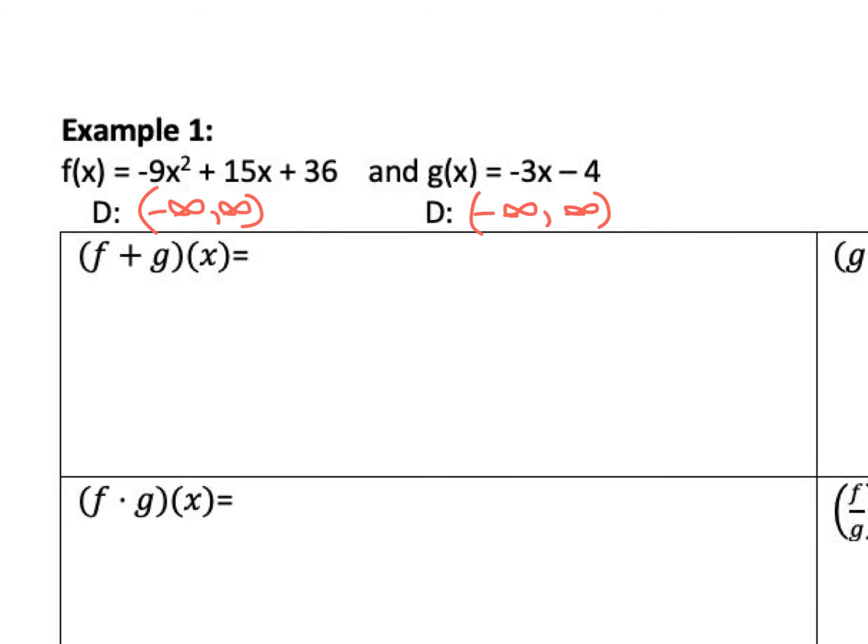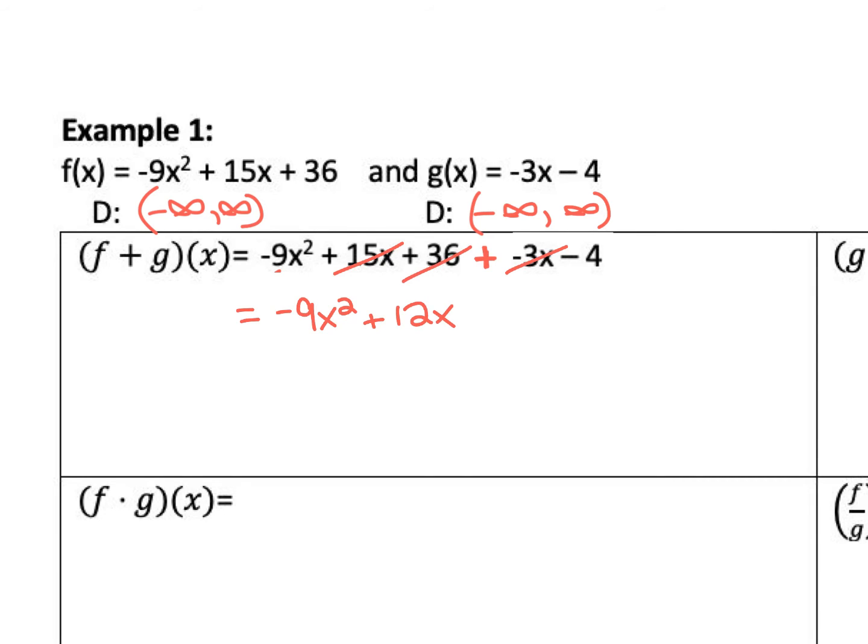So let's begin by adding f of x plus g of x. Now, guys, it's just a matter of adding two polynomials, so you're just combining your like terms. So this would be equivalent to negative 9x squared. I have a positive 15x and a negative 3x, which would be positive 12x.